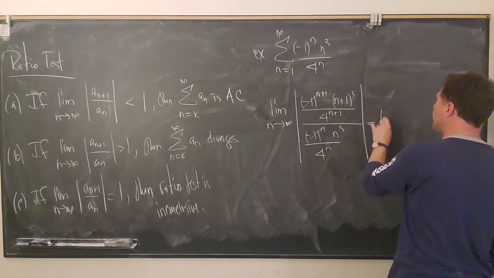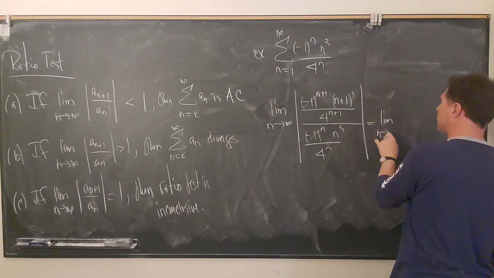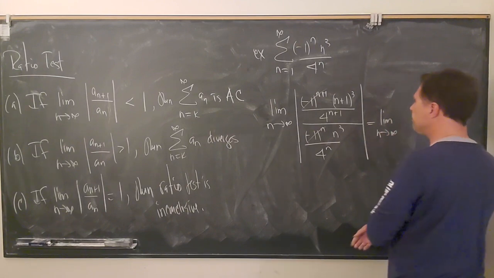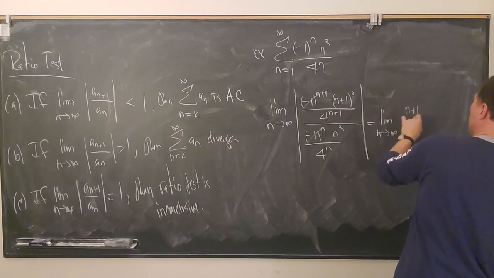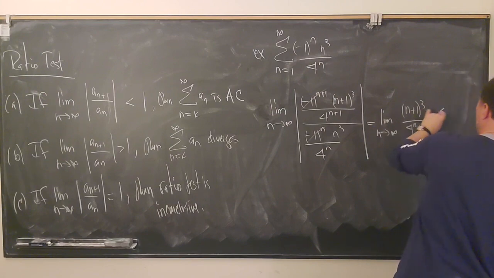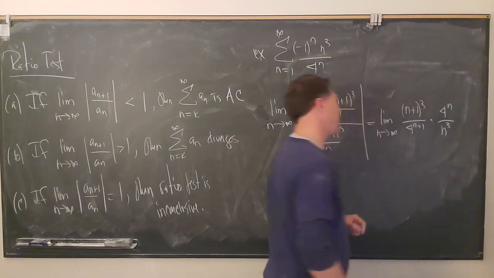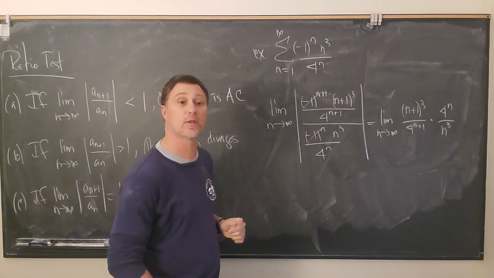And then I need to flip and multiply. So this is the limit as n goes to infinity of (n+1) cubed over 4^(n+1) times 4^n over n cubed. Notice now everything's positive, so I don't need those absolute value bars.